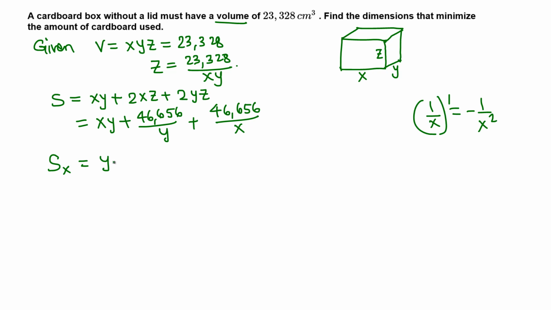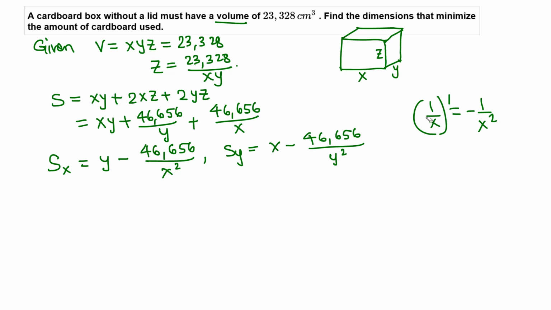So this will be minus the constant 46,656 over x squared. And the partial with respect to y: x survives, x. Here same thing, minus, it's like 1 over y, so 46,656 over y squared, and this is 0 because there is no y.